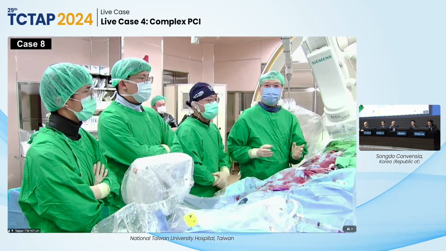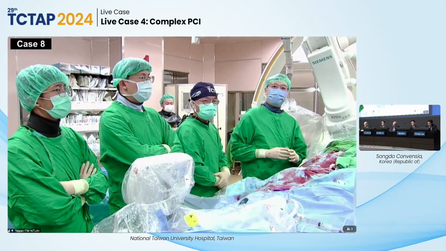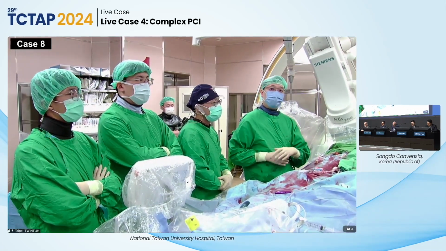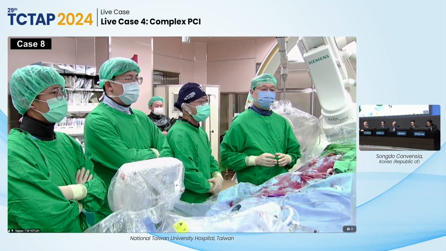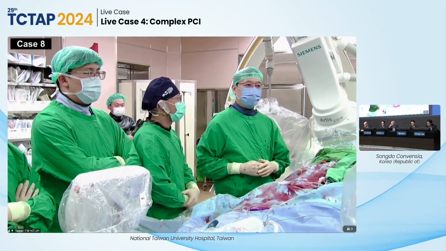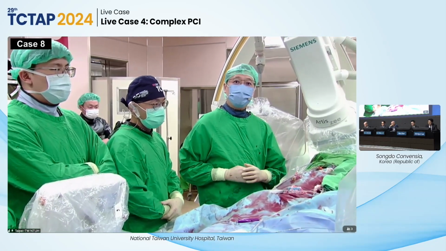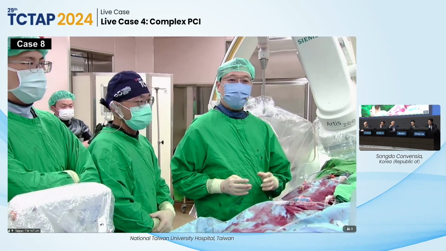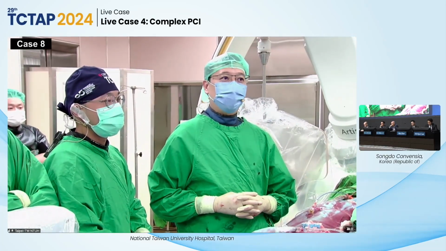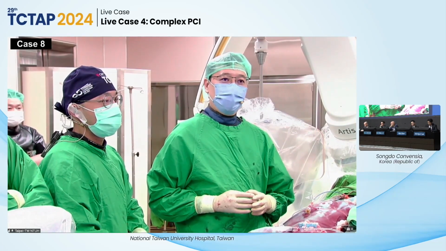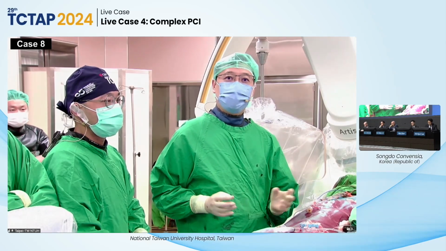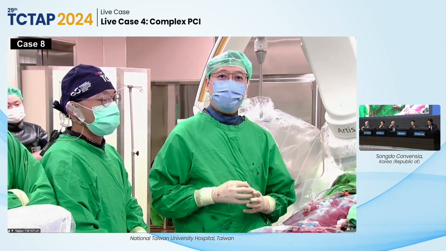Okay, thanks, Dr. Ye. I would like to add some information about the history. As you have seen, the description of the coronary angiogram is what we are going to introduce to you later. It was the report previously, but the patient was still an active smoker, so definitely you will see the progression of the coronary artery disease at this time. Initially we planned to treat the Medina 011 left main bifurcation lesion because the lesion was located at the proximal LAD and the ostium of the circumflex.